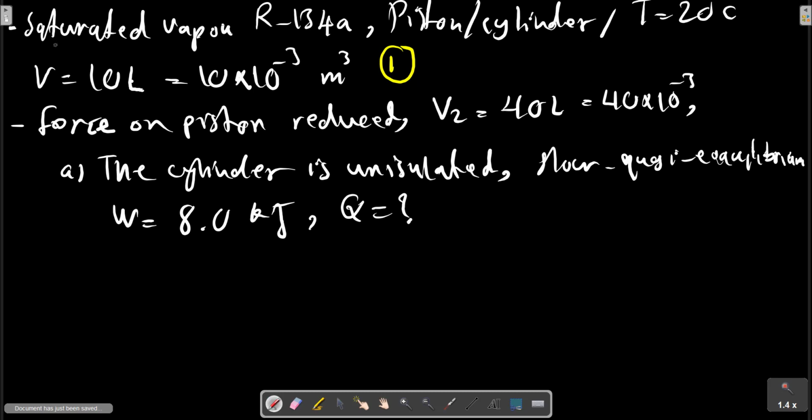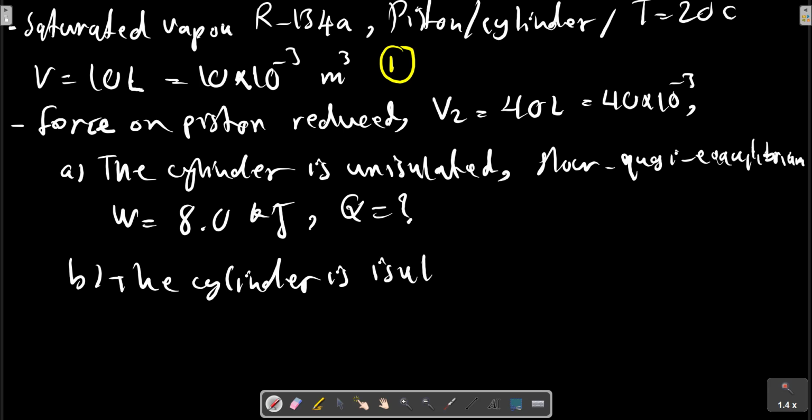Now for B, the cylinder is insulated. The external force is reduced rapidly, not quasi-equilibrium, causing the process to occur rapidly such that the final pressure is set.